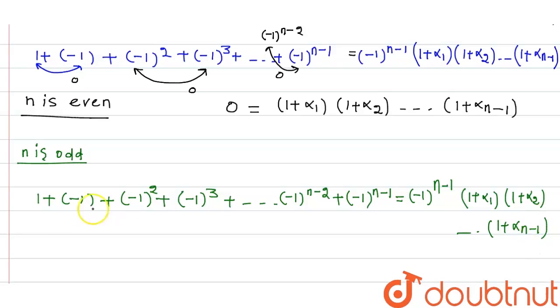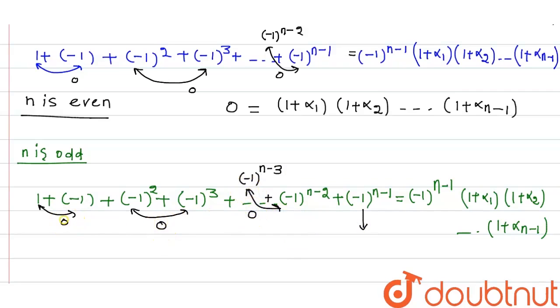Now the pairs become 0, and this becomes 0 too. Before each term we have minus 1 to the power 3, and the pairs cancel out, so they will be 0.